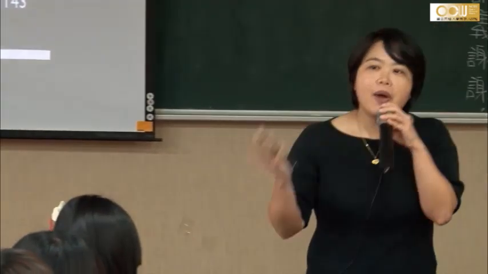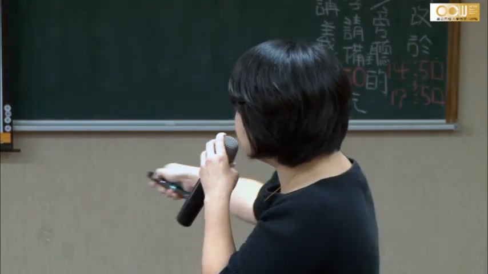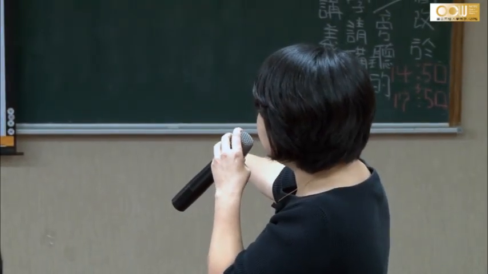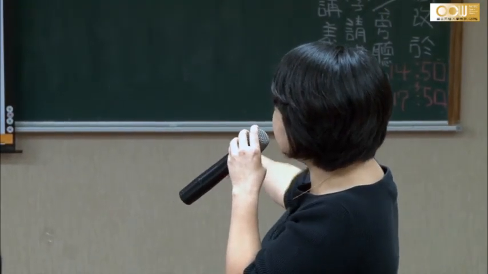So theoretically, you're pronouncing a voiceless sound. Your vocal folds are not vibrating. But somehow, part of your vocal folds, especially here, close to your arytenoid cartilage, it's flapping very slowly, creating that voicing sense.